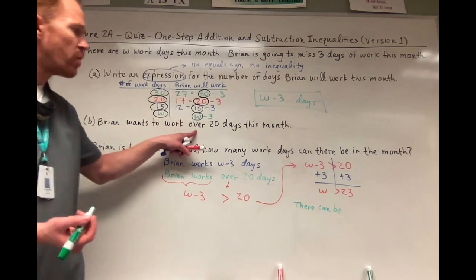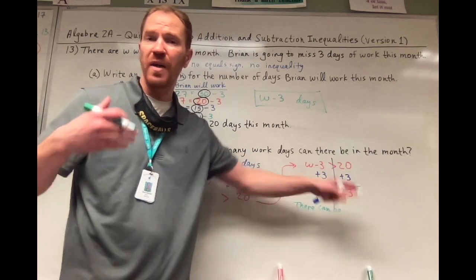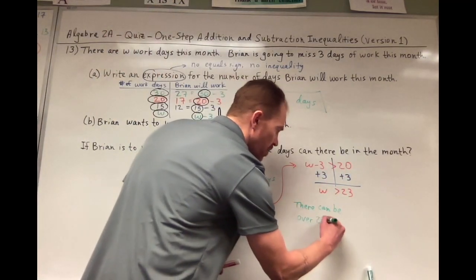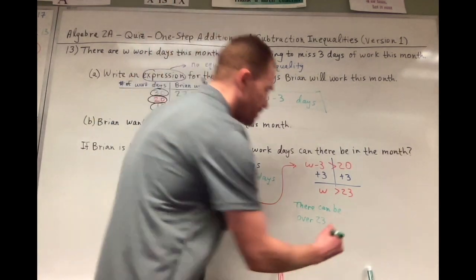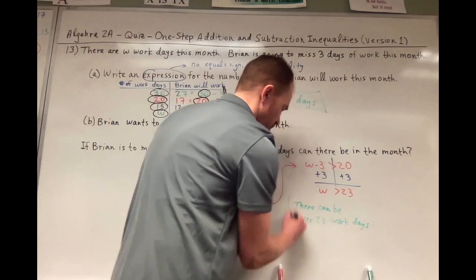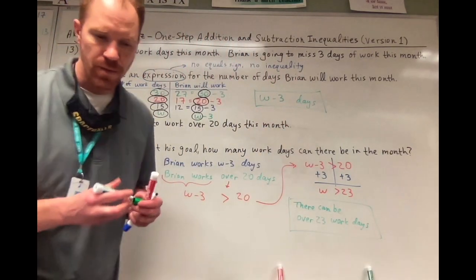We said over 20 would be greater than 20. Greater than 23 would be over 23. So there can be over 23 work days. And there's my answer. Okay. All right, and that's it. We've done number 13.